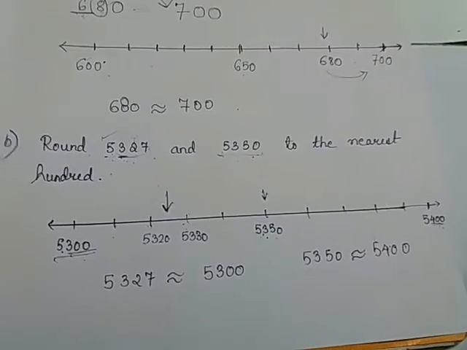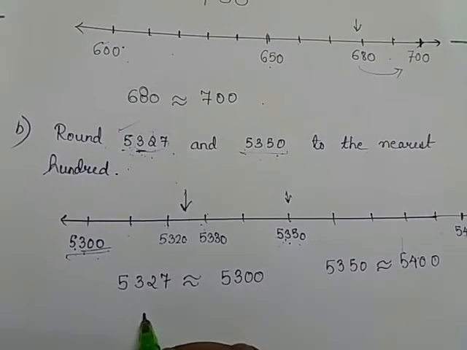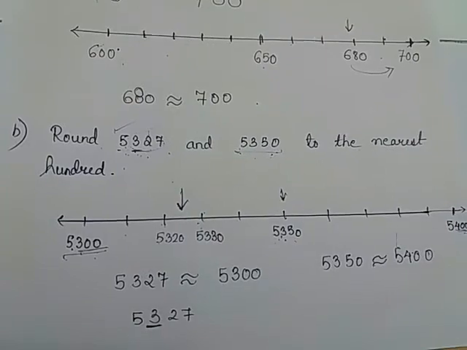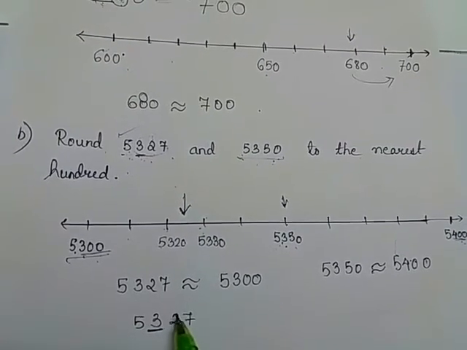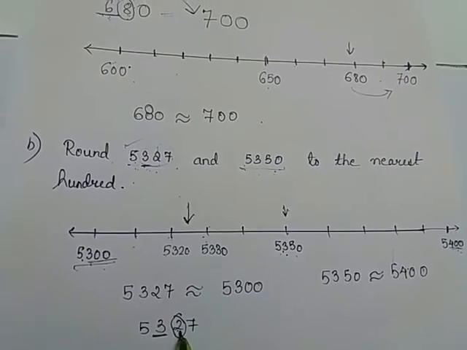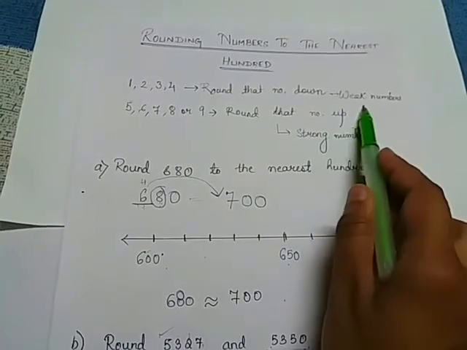Also, in the other way that we have studied, this is the digit which we want to round. Now look at the digit which is exactly right to it. This is 2. Now 2 comes under the group of weaker numbers.